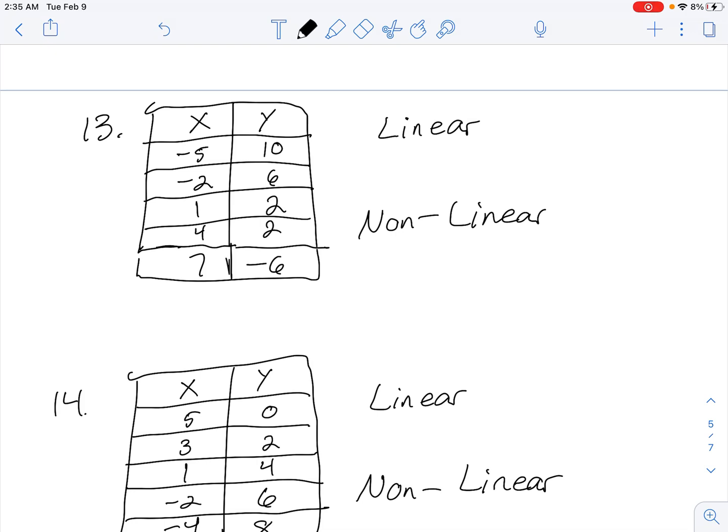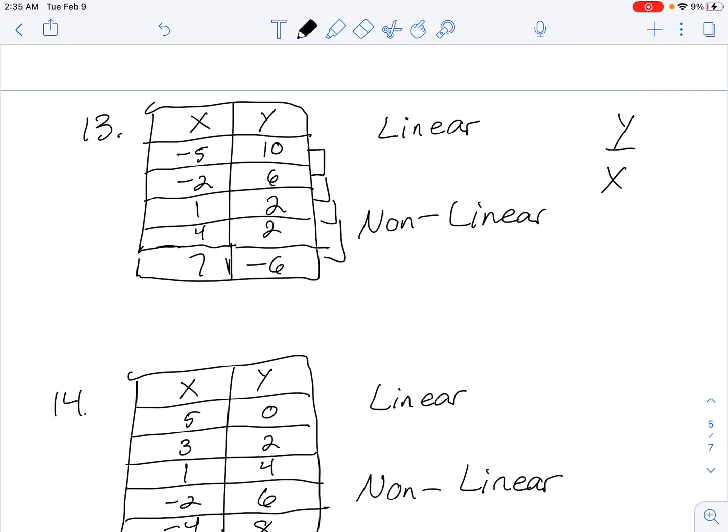Now, these are going to be easier than the ones that you had on your study guide and the ones that we did the previous days. So, y over x. So that is down 4, down 4, down 4, okay?